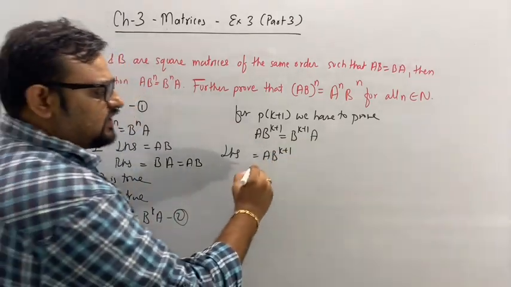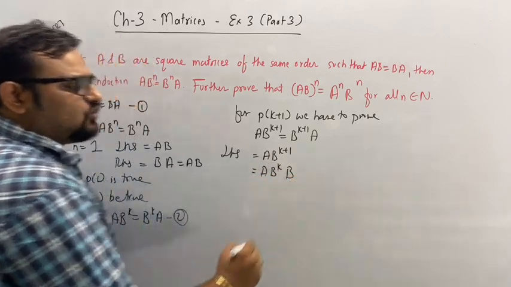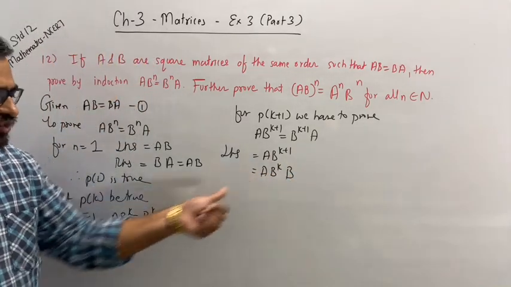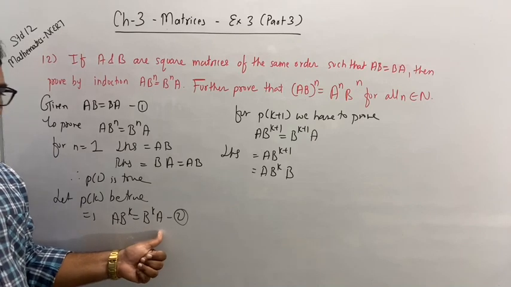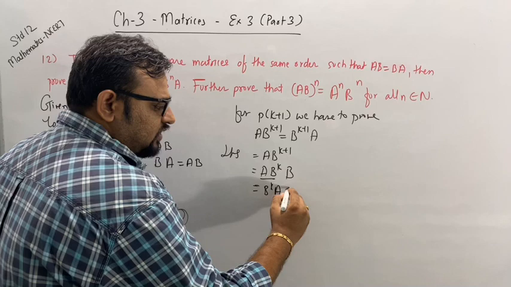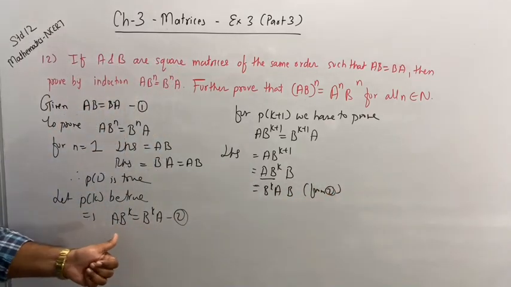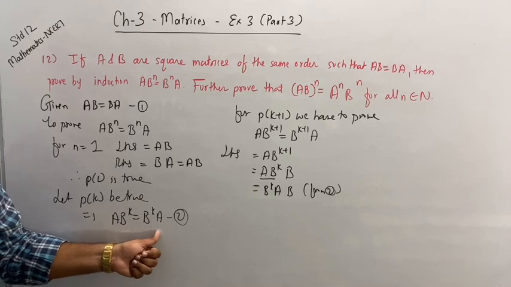So what does this mean? Let's separate this power: AB raised to K into AB. Now what is AB raised to K from 2? B raised to K into A. So instead of this, I am writing B raised to K into A into B. How? From 2, AB raised to K equals B raised to K into A.